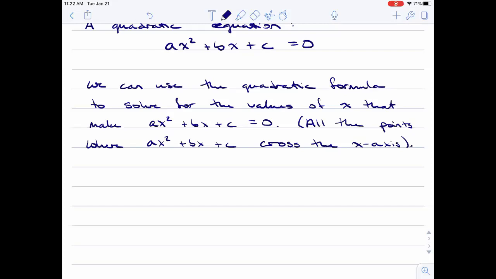And we can use this for any ax squared plus bx plus c. So a can be anything, b can be anything, c can be anything, as long as it's a real number, we can handle it.